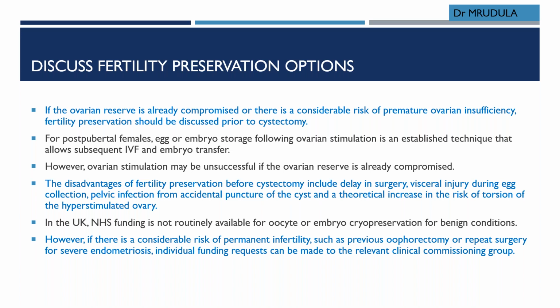It can be made through the clinical commissioning groups, CCGs. They are there for individual trusts and they can consider your request. If you give the request for the funding and they find it appropriate, they also can grant the funding for such conditions.